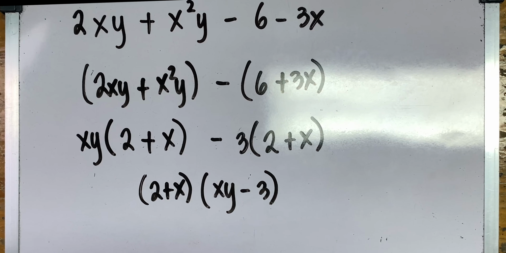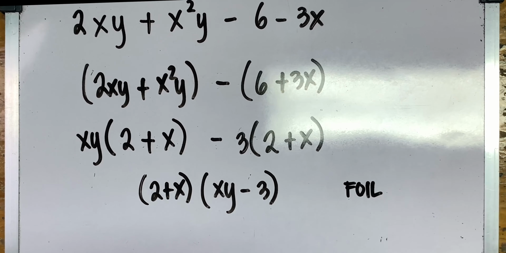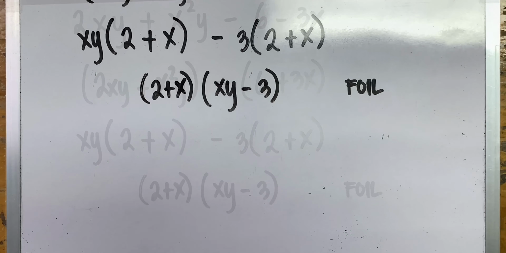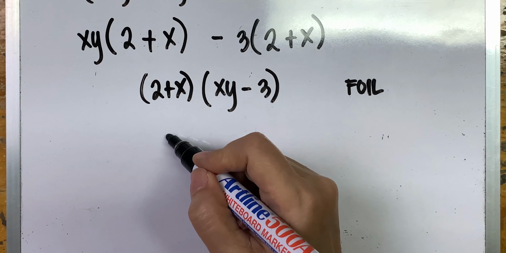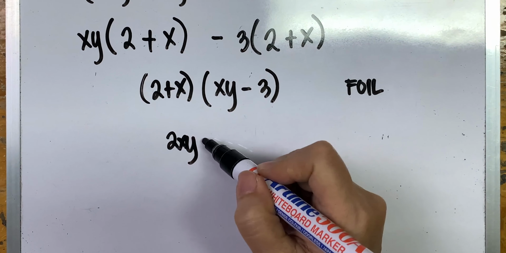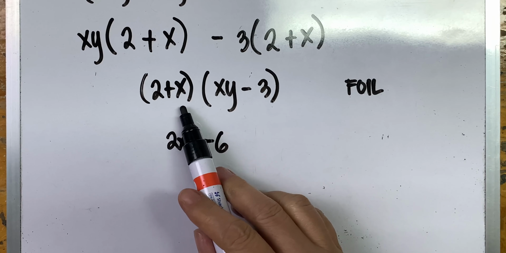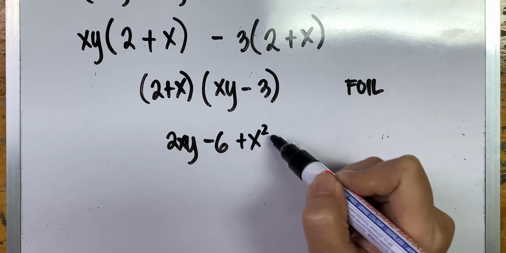Now, to check whether tama yung factors natin, again, gamitan natin siya ng FOIL method. Using the FOIL method, 2 times xy will give us 2xy. 2 times negative 3 is negative 6. X times xy will give us positive x squared y.